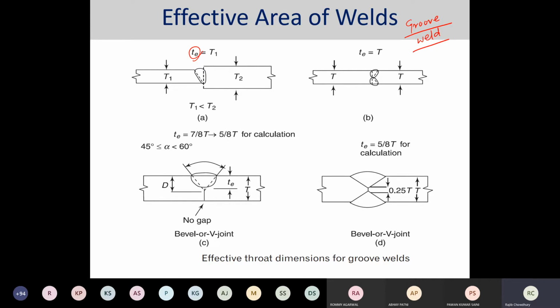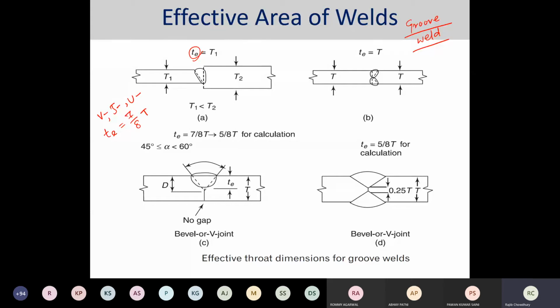Now from the calculation point of view, if I have a V groove, or a J groove, or a U groove, then this throat thickness is to be equated to 7/8 times the thickness of the thinner part which is being joined.